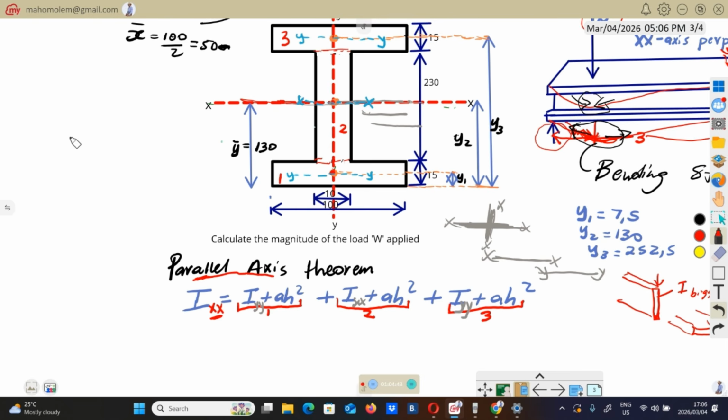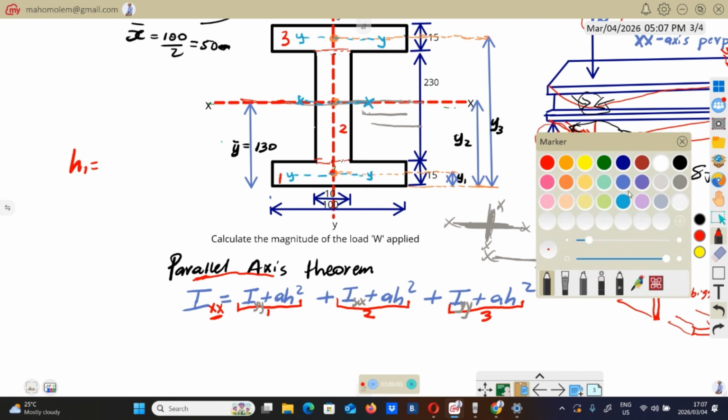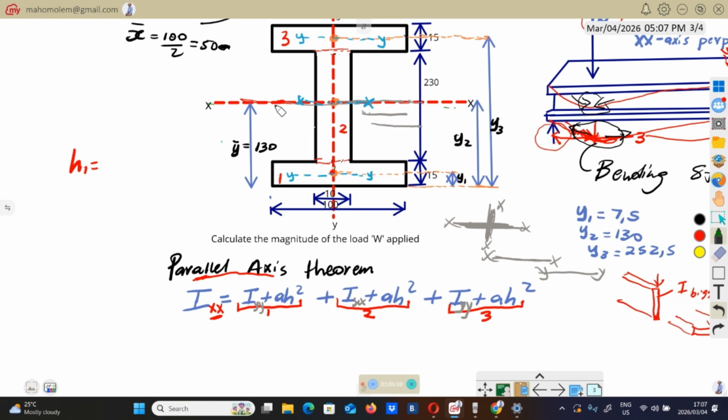H1 is going to be the distance from this XX line, this XX line is our reference, to this parallel axis.